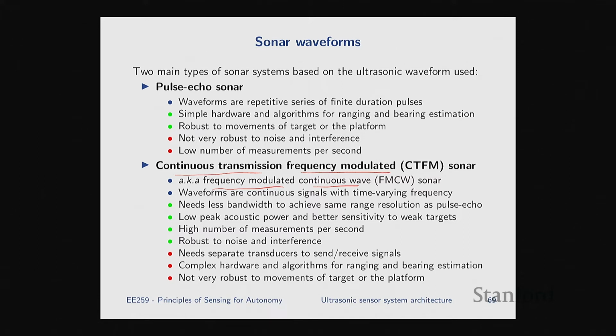FMCW might be familiar to you from radar, because that's what these systems are called in radar. But CTFM and FMCW are the exact same principle. Basically, the system is continuously transmitting some frequency modulated signals, and we'll see exactly what the frequency modulation is today.